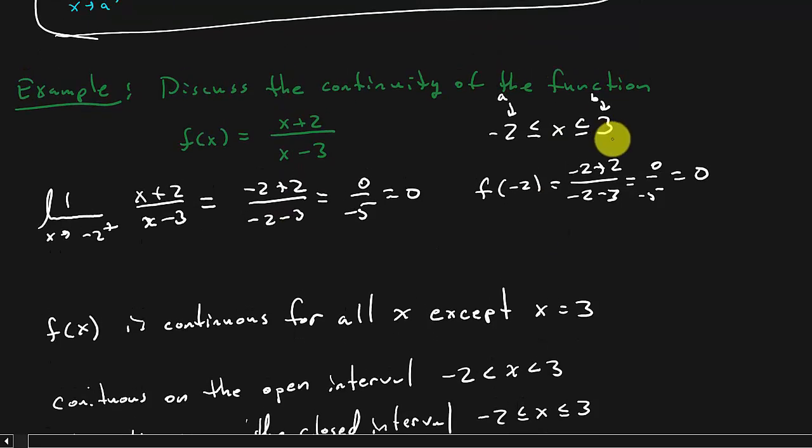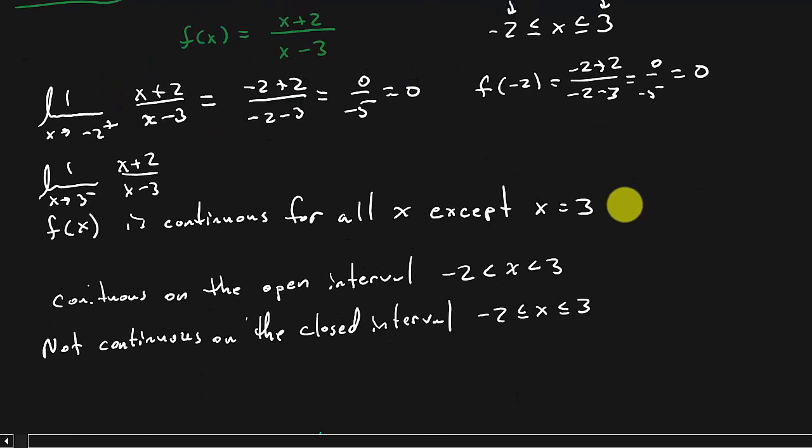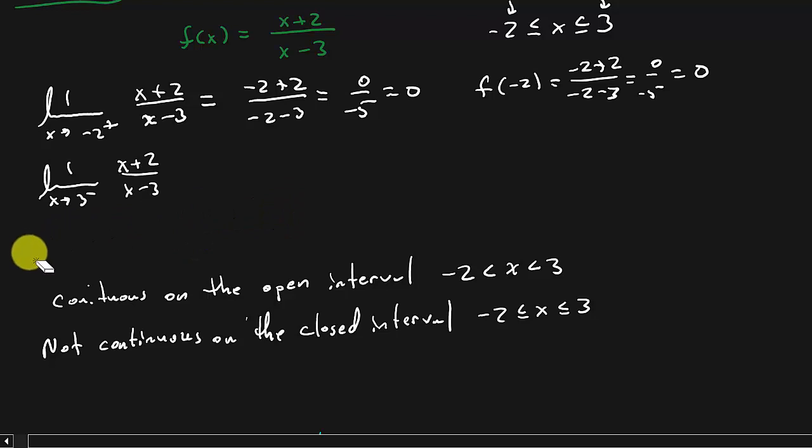And then for the endpoint 3, if we do the limit as x approaches 3 from the left of (x + 2)/(x - 3), so we're coming into 3 from the left-hand side. This goes back to what we did earlier.